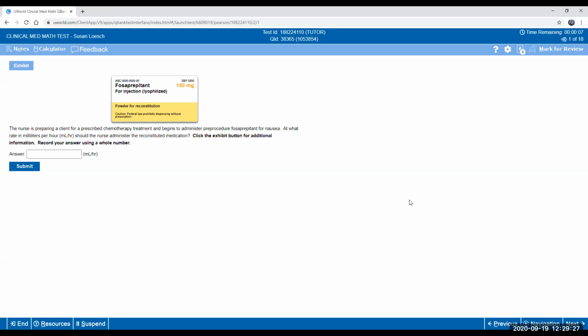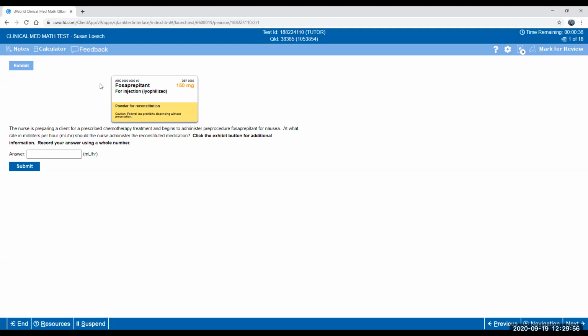So can you see my screen? Yes. So when you get the medication from the pharmacy, you'll look at the label on the bottle and it's going to say something like this. It's telling you that you have 150 milligrams of powder for reconstitution.